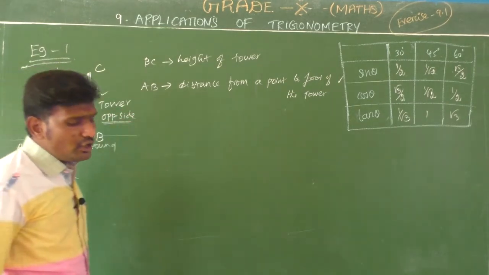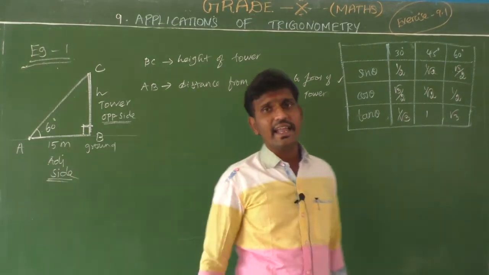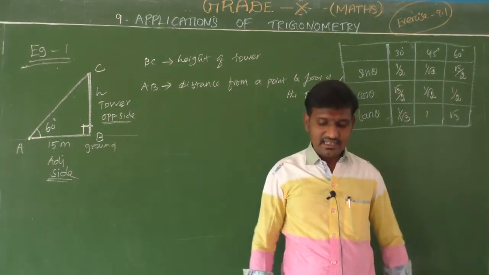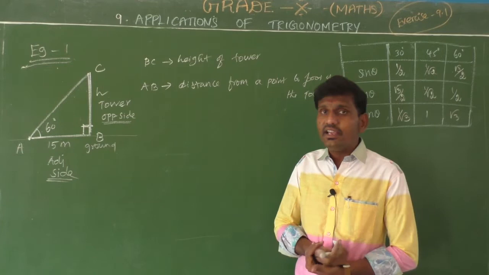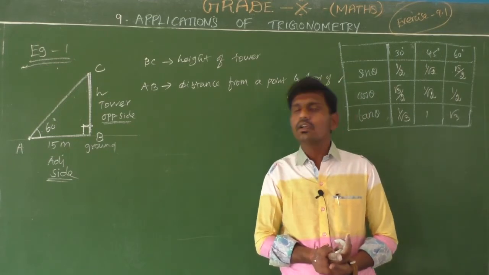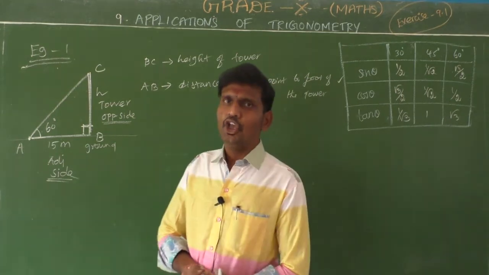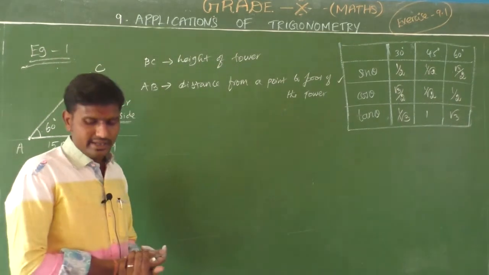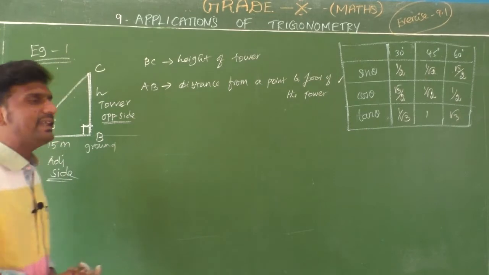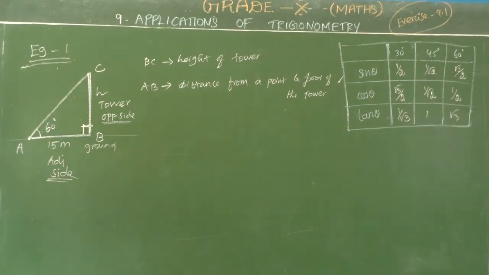So when you have the opposite side and adjacent side, we need to take what? Tan theta or cot theta. But basically, take tan theta itself. You don't need to take the reciprocal.